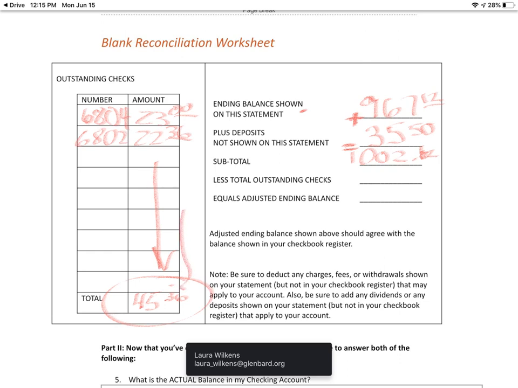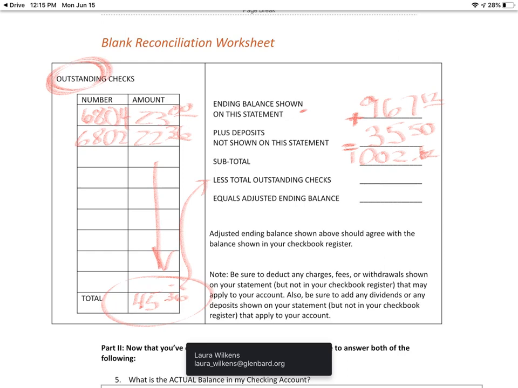Minus the outstanding checks. Checks that you write that do not get cashed right away are called outstanding. They're not outstanding because you wrote them and they're so beautiful. Like, oh, look at those outstanding checks. No, they're outstanding around waiting for someone to cash them. For instance, my daughter just finished 8th grade. People are sending her a card or a check here and there, and they're just sitting in a pile right now.